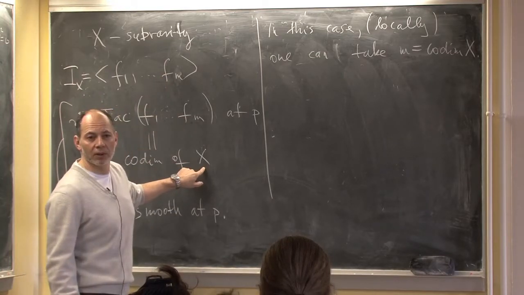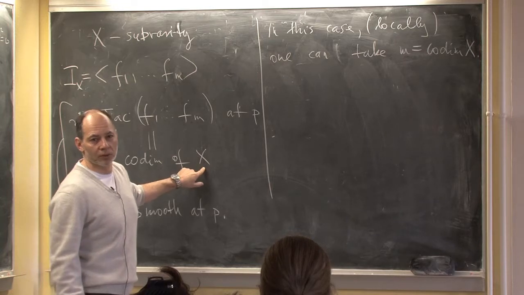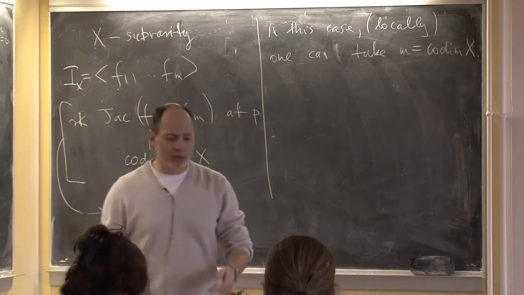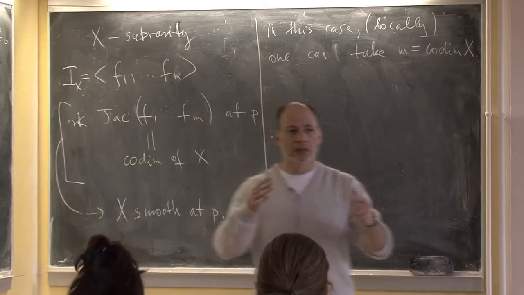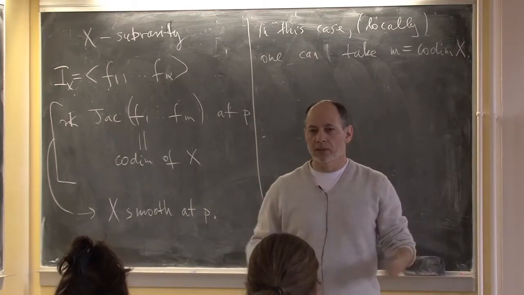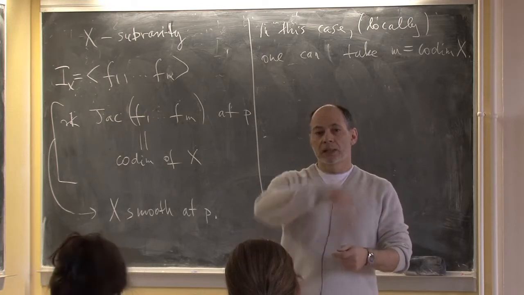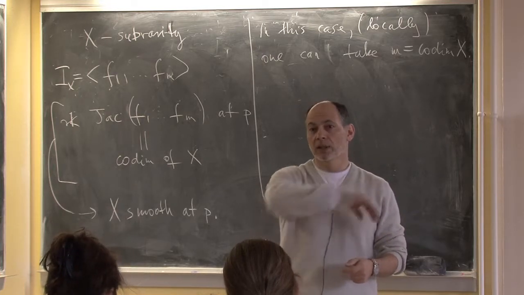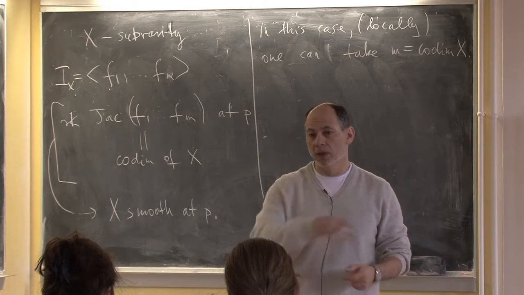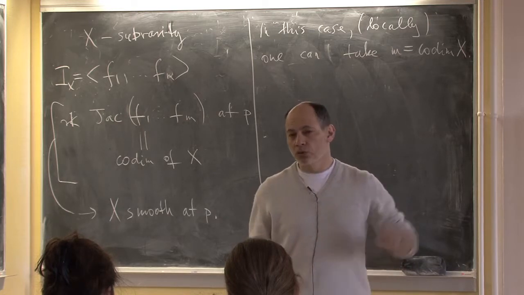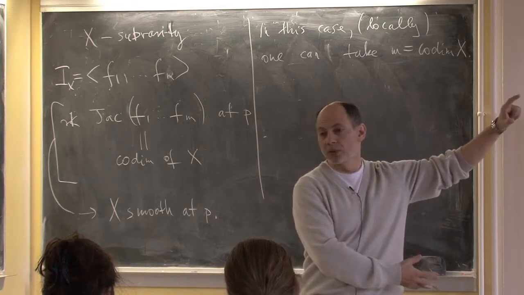I don't know, is this clear, what I'm saying now? Normally what happens, it's a little confusing at the beginning when you think about this, is that suppose you have a subvariety and you start constructing these generating functions. You take one function that cuts down the dimension by 1. Then you take another function, which cuts down the dimension by 1. And you just continue doing that. And usually what happens is that you create a bunch of components outside.